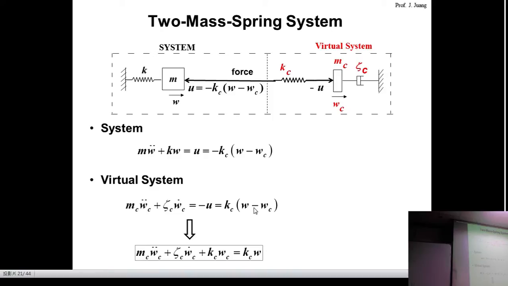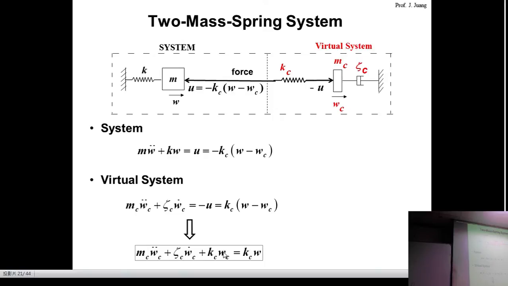So the steps are here. As soon as the computer receives a real W measurement coming in, it starts integrating this equation to get WC. Assume we already are given M C, zeta C, and K C. Then they integrate this equation to get WC.